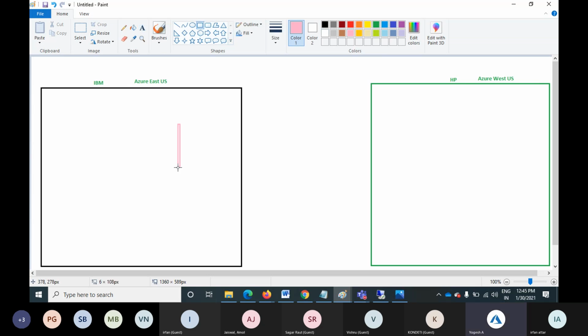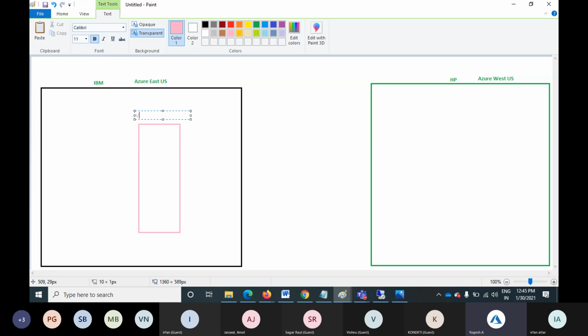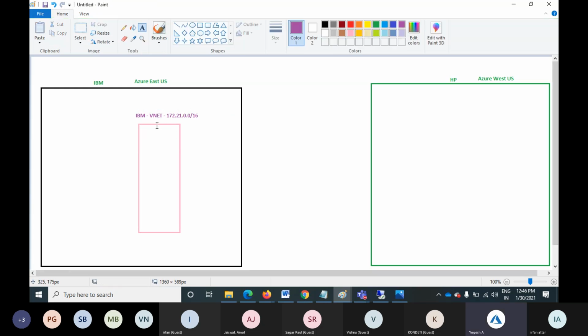So this is my VNet, 172.21.0.0/16. I'm using the broader network here, and this is my IBM. That VNet is segregated into multiple subnets.